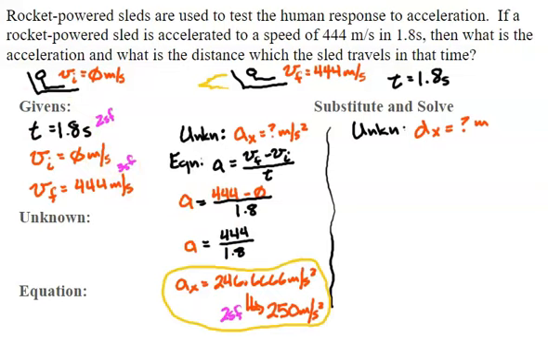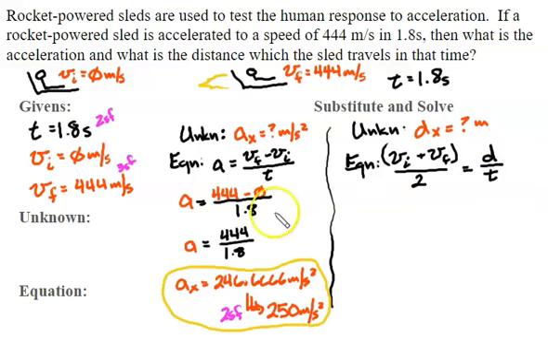The second question, I get to use the same knowns, but in this case I'm going to choose a different equation. My equation that I'm going to choose is velocity initial plus velocity final, that quantity divided by 2, that's average velocity, and that equals displacement divided by time.